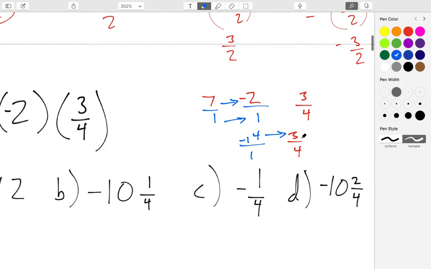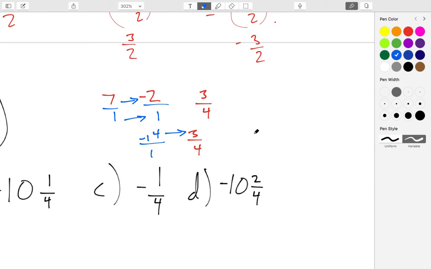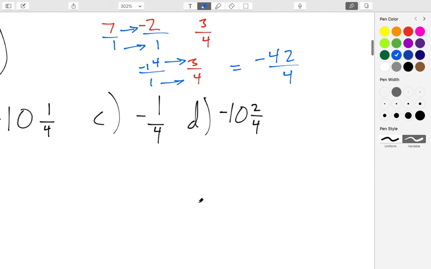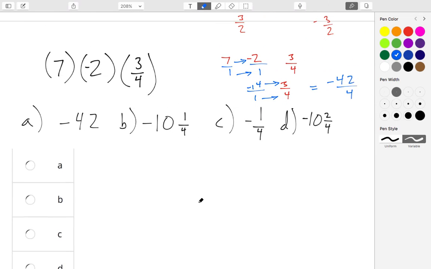What did you find out negative 14 times 3 is? Negative 42. What is 1 times 4? 4. But if you notice, none of our answers are written that way. So let's see, is negative 42 the correct answer? No, that's only the numerator, right? So how do you figure out how many times 4 goes into negative 42?